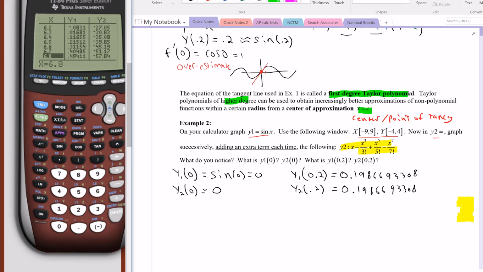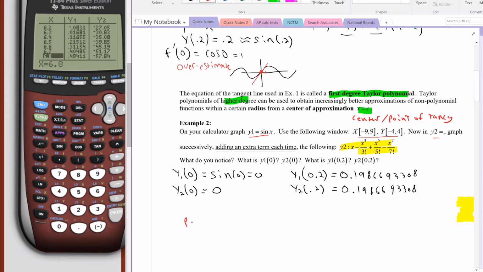Let's show you an extreme example. At 6.8, our approximation is giving us -57, and sine can obviously never be -57. So the point is it's only accurate close to your center, within a certain radius, which we'll talk about later.